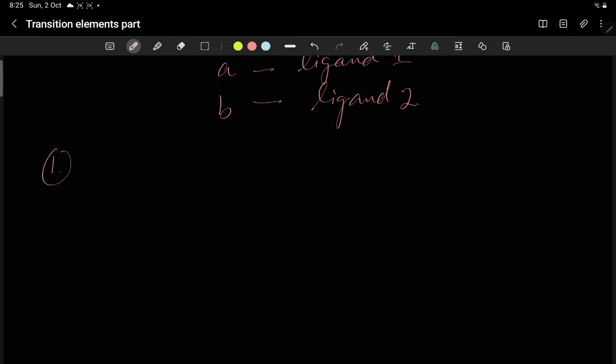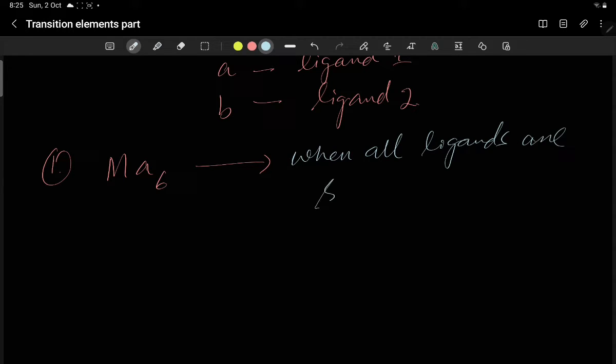In case 1, if MA6, all the ligands are the same, so no cis trans isomer, when all the ligands are the same type.